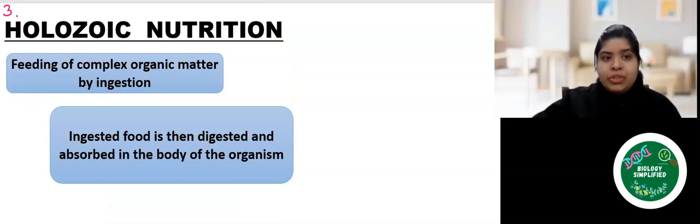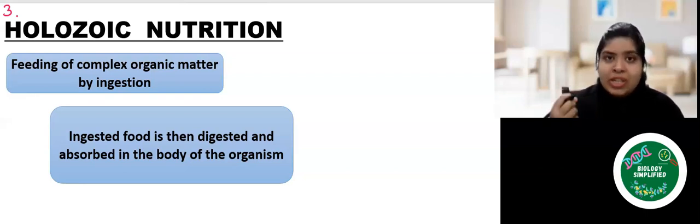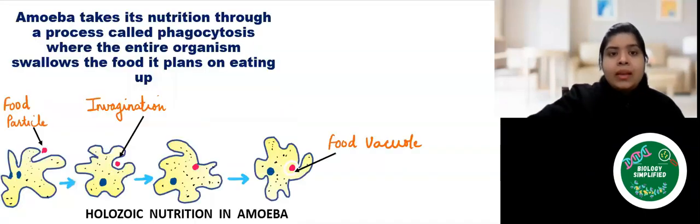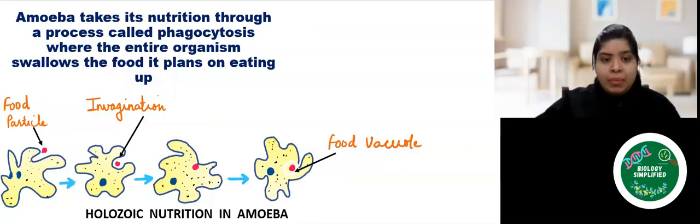The third mode of nutrition is holozoic nutrition. Holozoic nutrition includes feeding on complex organic matter by the process of ingestion, and then the ingested food is digested and absorbed by the body of the organism. Let us see with the help of amoeba how holozoic nutrition takes place.